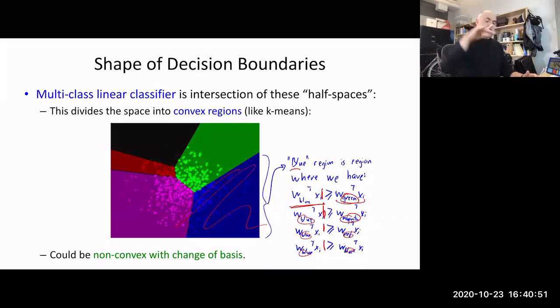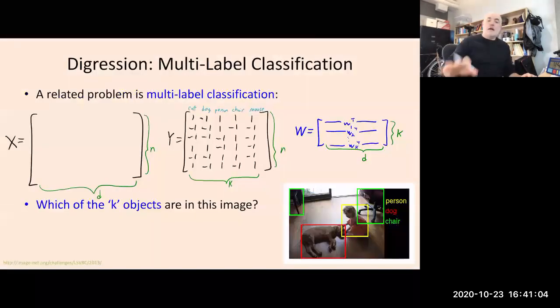And since all of them can only be less than or greater than or equal to relations, then we know each one of those defines a half space.